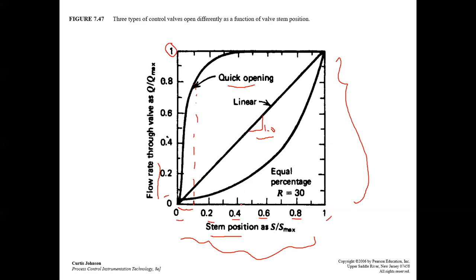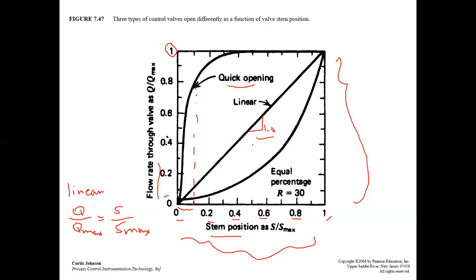If you increase the stem from 40% to 60%, then the flow also increases from 40% to 60%. So for linear, we can say Q over Q max, which is the y-axis, is equal to S over S max, which is the x-axis.